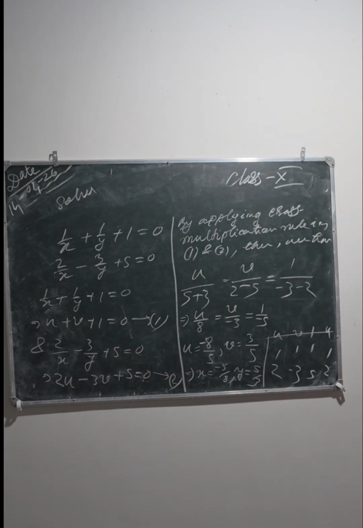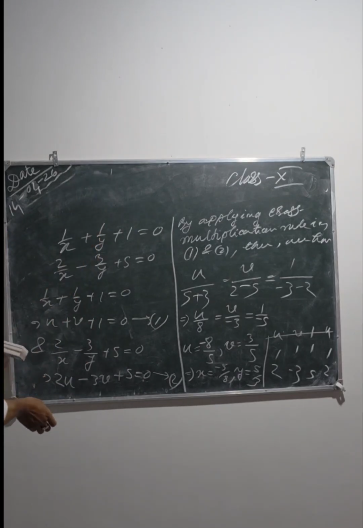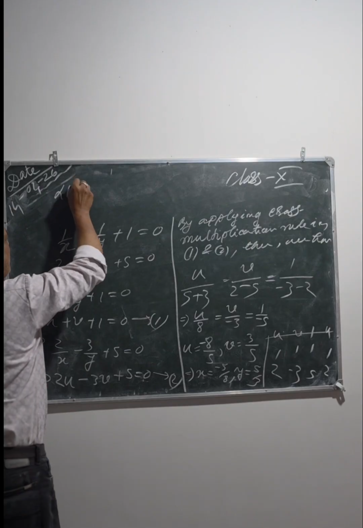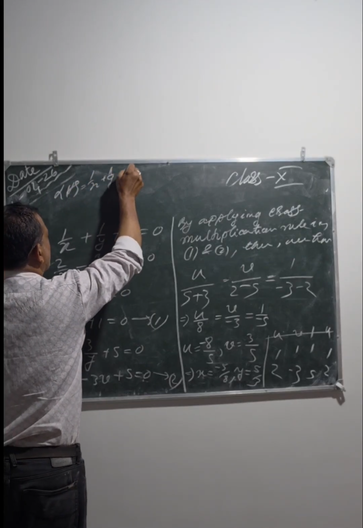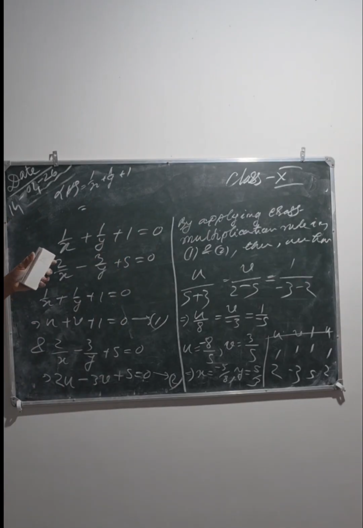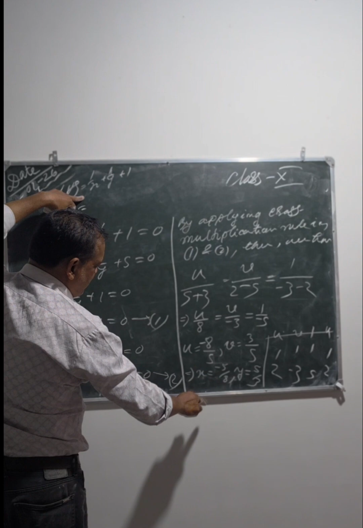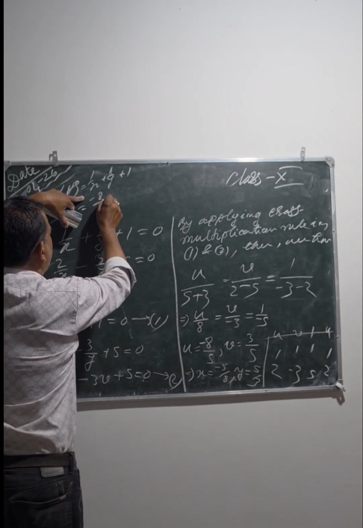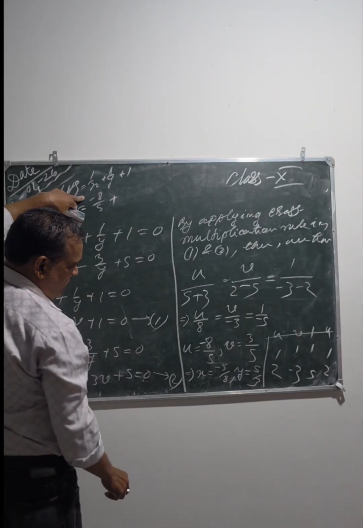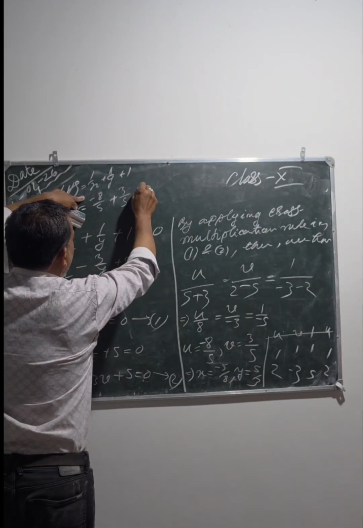So let us verify this. For the verification, let us take any one of these equations, first of all its left hand side. The left hand side of 1 is 1 by x plus 1 by y plus 1. With x equal to minus 5 by 8, its reciprocal is 8 by minus 5, that is minus 8 by 5, and 1 by y is 3 by 5, plus 1.